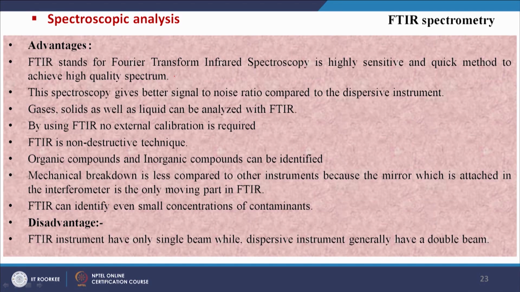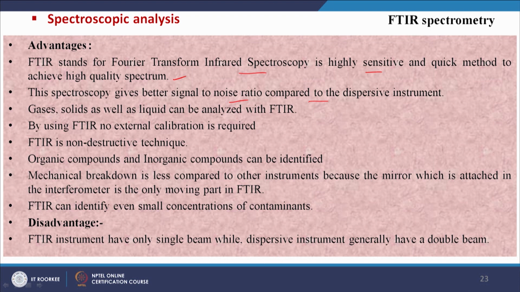Now we will see the advantages of FTIR spectrometry, and its disadvantages as well. FTIR stands for Fourier transform infrared spectrometry. It is a highly sensitive and quick method to achieve a high quality spectrum, and it gives a better signal to noise ratio compared to a dispersive instrument.